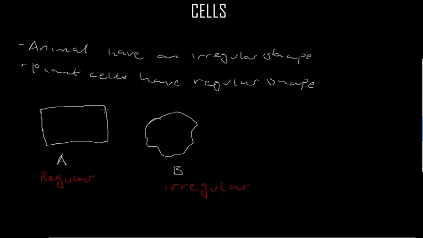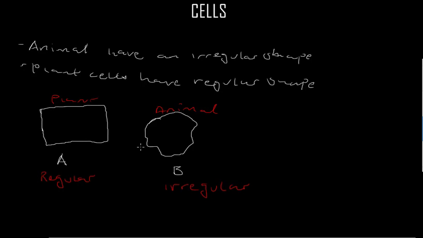And therefore we can conclude, even without further investigation, that this definitely has to be a plant cell, and this one definitely has to be an animal cell. Are we together, very nice? So animal cells tend to have irregular shapes, while plant cells tend to have regular shape.